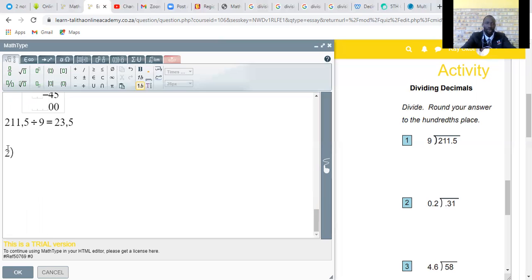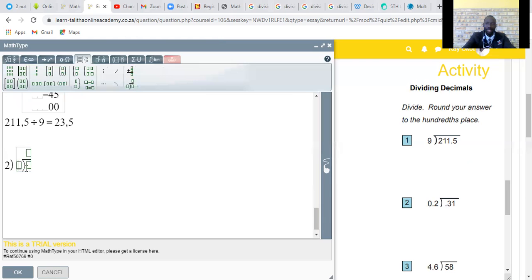In activity 1, part 2, we are dealing with 2 fractions. So how do we handle the case of 2 fractions? Well, we have been given that the divisor is 0.2 and the dividend, the number inside, is 0.31. We are supposed to divide this.